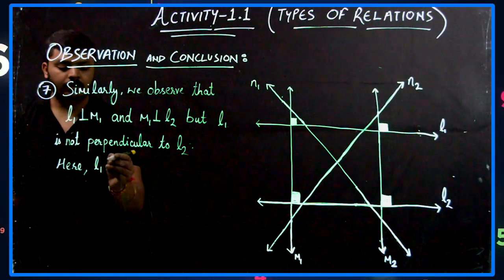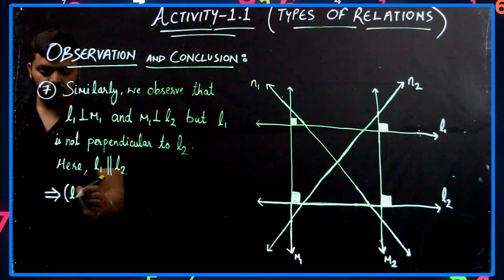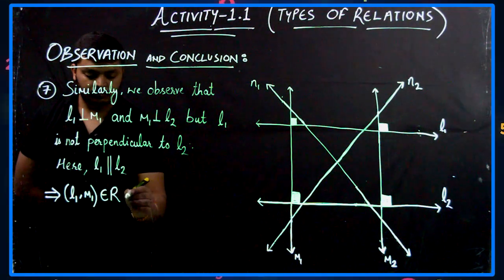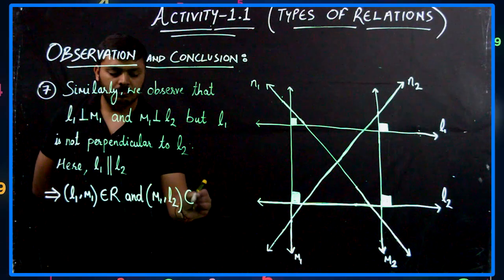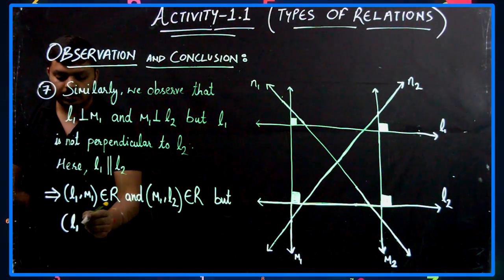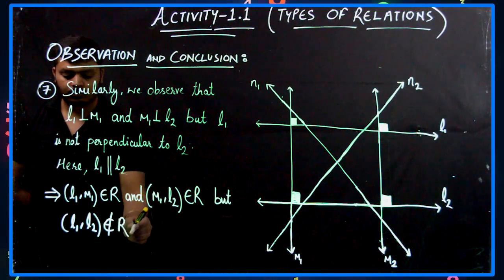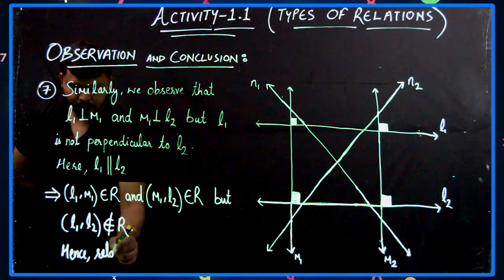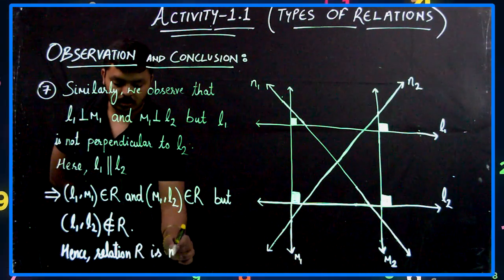Here L1 is parallel to L2. Therefore, (L1, M1) belongs to R and (M1, L2) belongs to R, but (L1, L2) does not belong to R. Hence, relation R is not transitive.